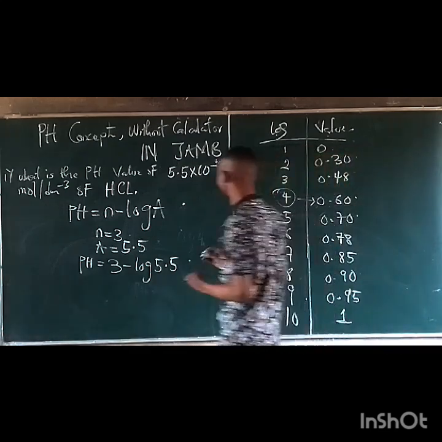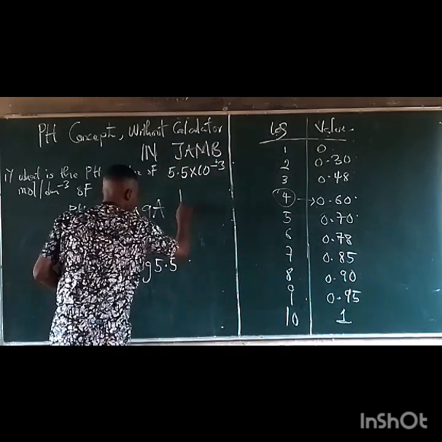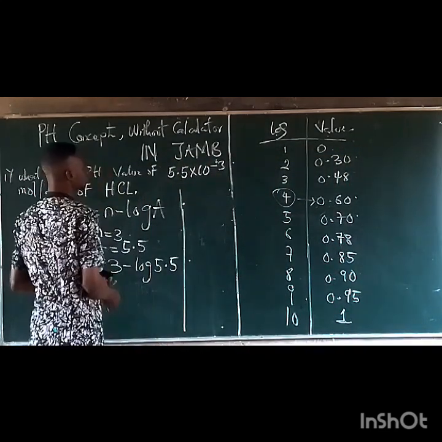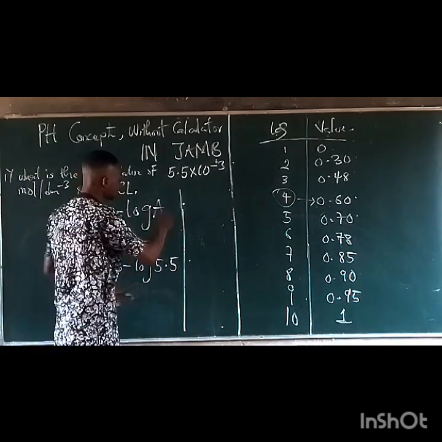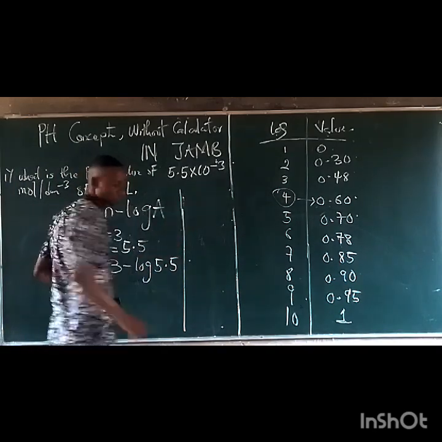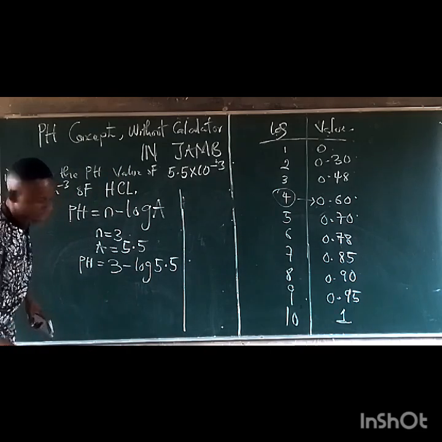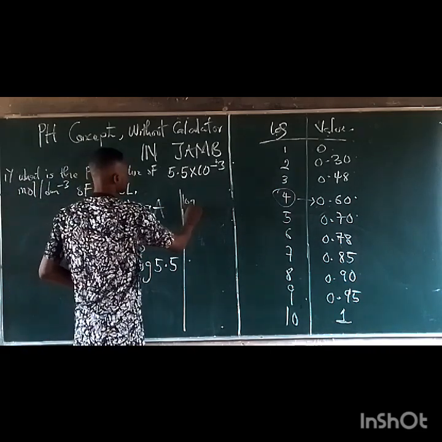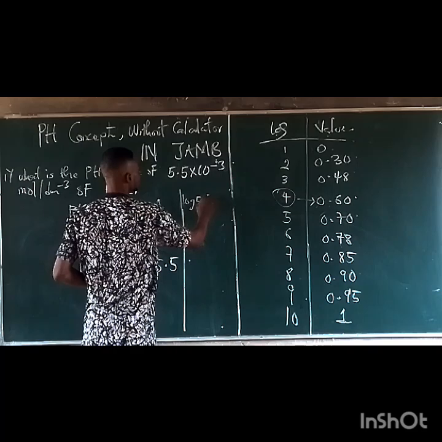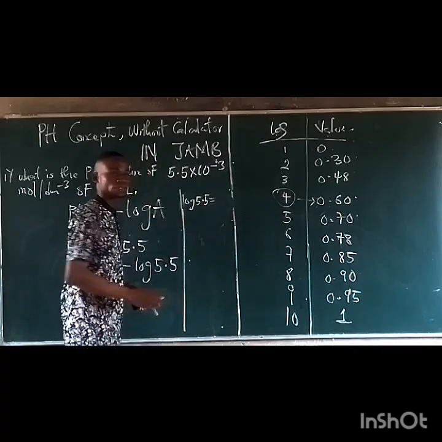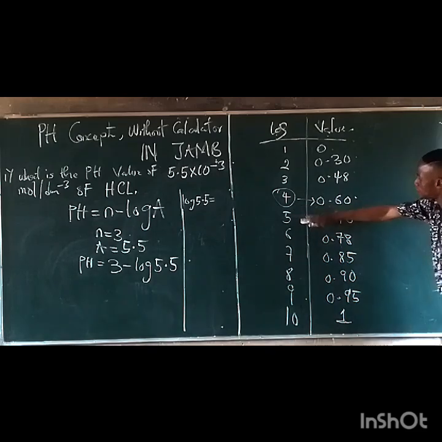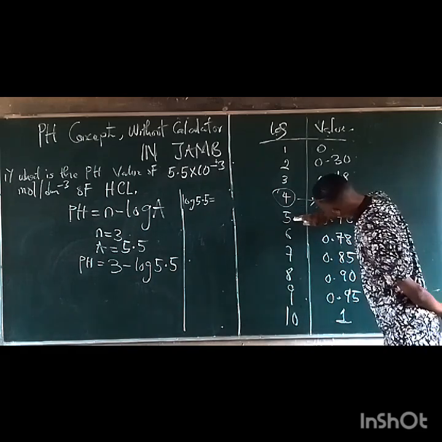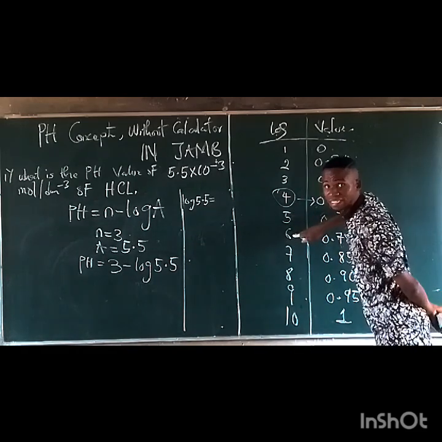It's very easy. Whenever this kind of condition comes, just say that log 5.5 is between log 5 and log 6.